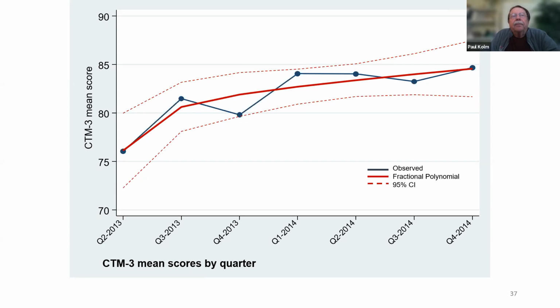scores over time. And so this points out a consideration when you have nonlinear functions, which is how smooth do you want to make it, or how much bias do you want to tolerate.